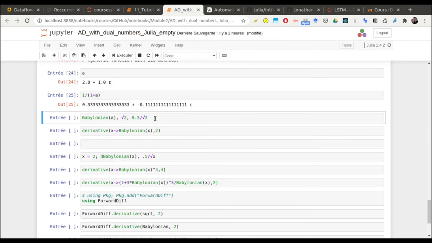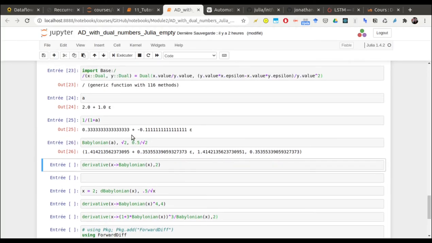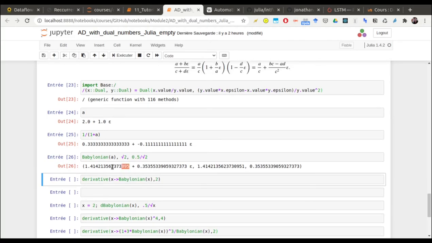Now let's check that we can do stuff with dual numbers, running the Babylonian algorithm on dual numbers. You see it's working. It's computing exactly what I want. Why? Because the value here is exactly the square root of 2, remembering that the value of a is 2.